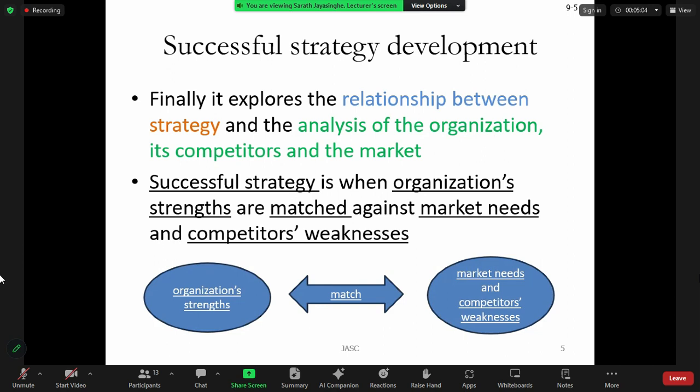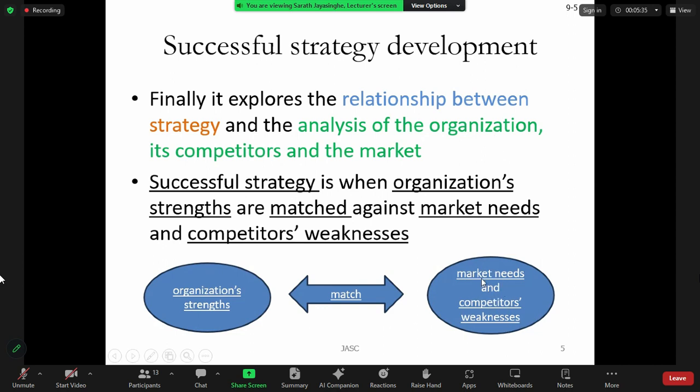Finally, it explores the relationship between strategy and the analysis of the organization, its competitors, and the market. So we are thinking about the current strategies and also the organization and its competitors. A successful strategy is when organization strengths are matched against market needs and competitors' weaknesses. Right? You have to match these organization strengths with market needs and competitors' weaknesses.